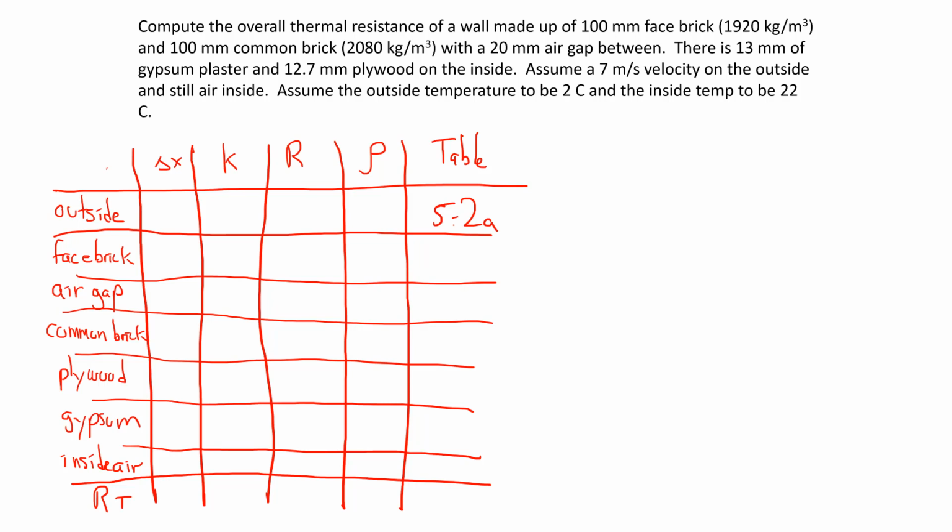So if we pull out our thermal resistance for the outside air, we get a thermal resistance in SI units of 0.029 meters squared Celsius per watt. Again, that would be on page 131 for table 5.2a.